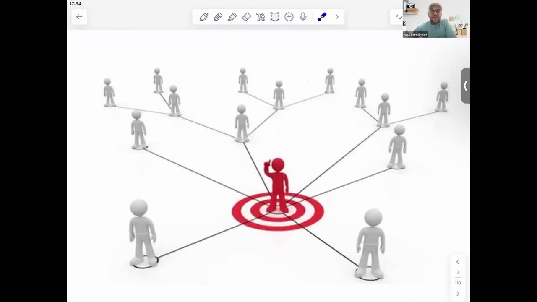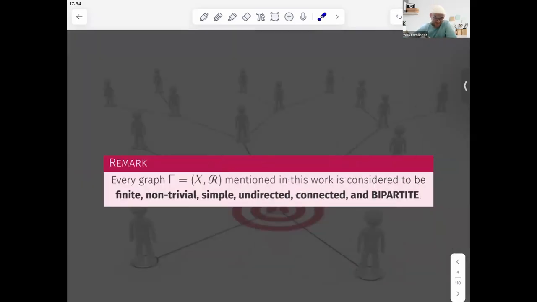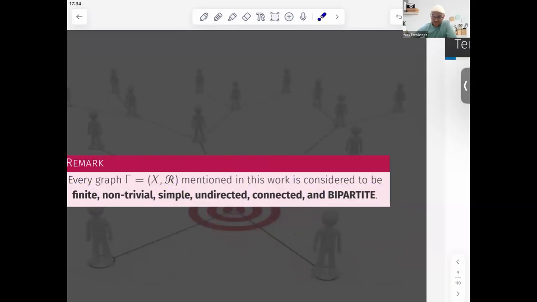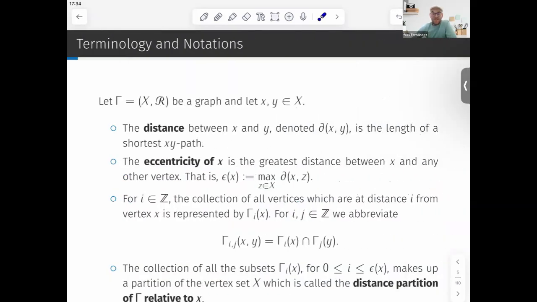So let's start. In this talk, every graph that I will mention will be finite, simple, connected, and bipartite. Let's fix first some notation.